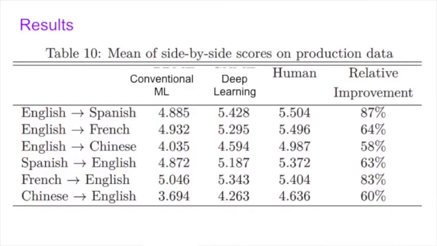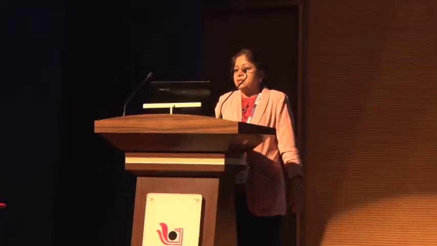So, here are again some results. These are also as of 2017. What you see is, for 6 different language pairs, these numbers which you can think of as quality scores, higher is better, from 3 sources. One is where you use conventional statistical machine translation systems to generate the translation.